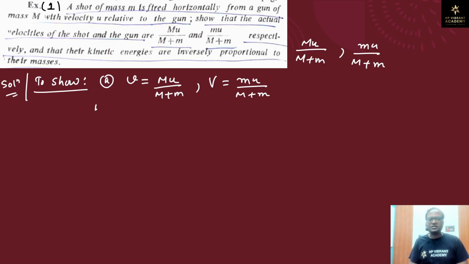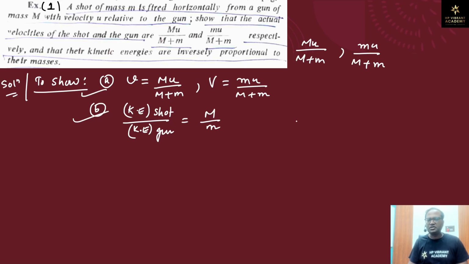Secondly, we have to show that the kinetic energy of shot upon kinetic energy of gun is inversely proportional to the masses, so it will be capital M upon small m. These two expressions we have to show.